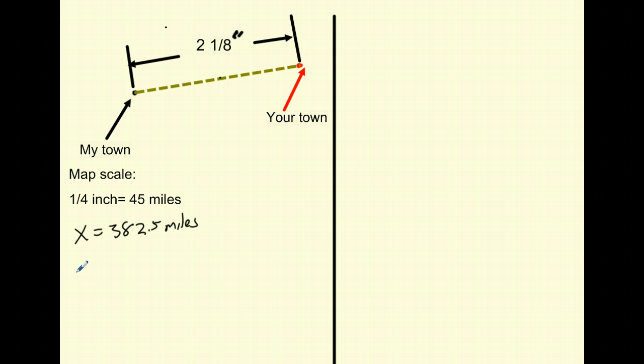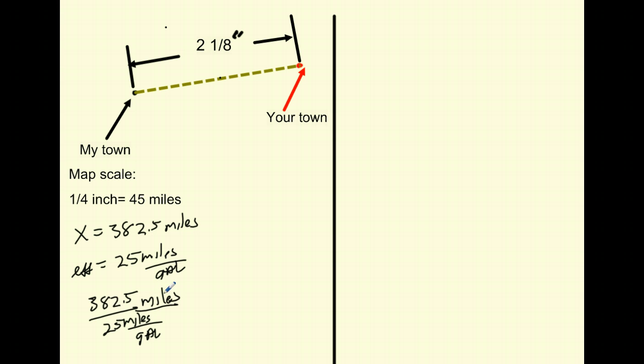If the gas mileage of our car, the efficiency of our car, is equal to 25 miles per gallon, and we have to travel 382.5 miles, we can divide 382.5 by 25 miles per gallon, and this is the miles we have to travel up here on the top.